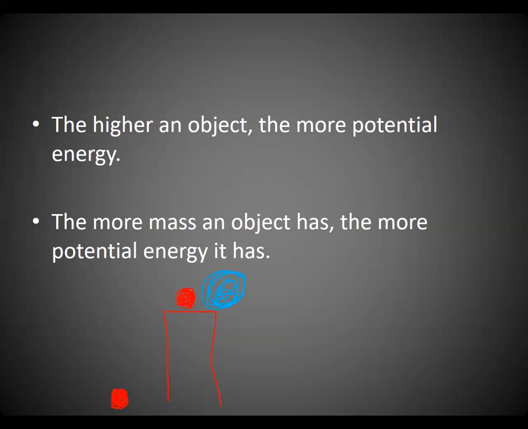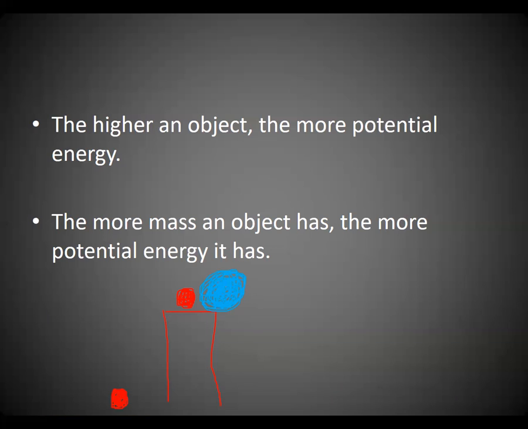So if we had these two on the same shelf, now they're at the same height, but they're of different masses. So that means that the blue one is going to have more potential energy. Why? Well, because it probably took more energy to put that one up on the shelf than the other one. So therefore, it has more potential energy to use. So the blue one has more than the red one when they're at the same height, but between the two red ones, the higher it is, the more potential energy it has.